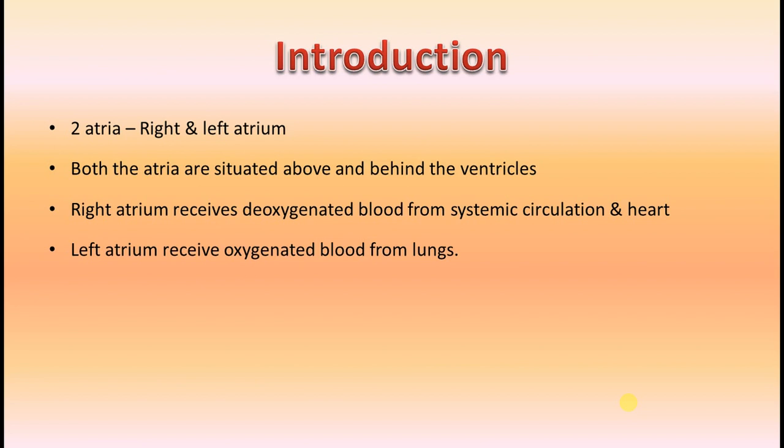So the right atrium deals with deoxygenated or venous blood, whereas the left atrium deals with oxygenated blood, but again we cannot call it venous blood or arterial blood, because the left atrium receives oxygenated blood from veins, that is the pulmonary veins.